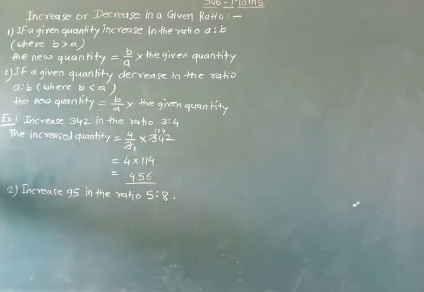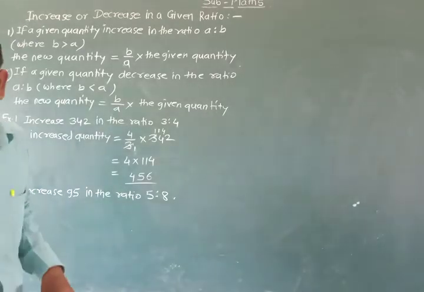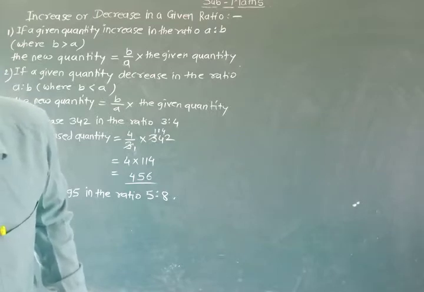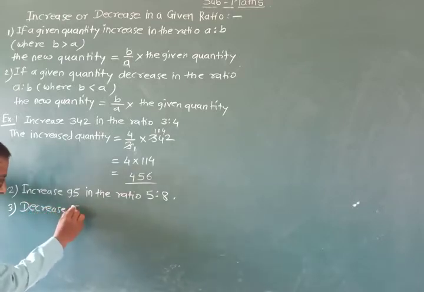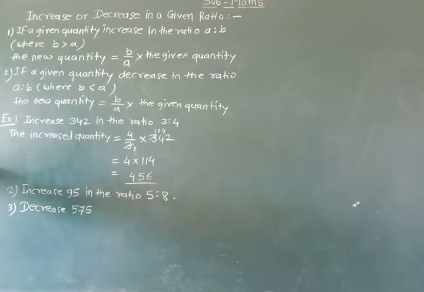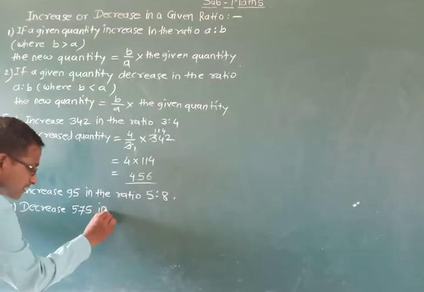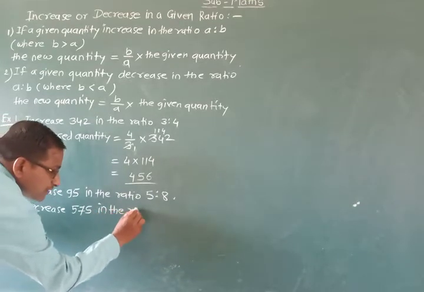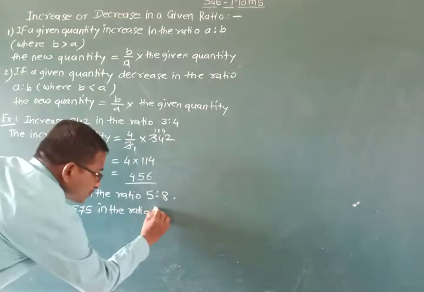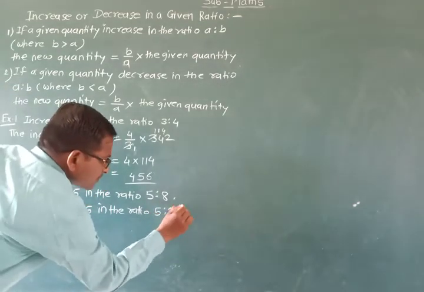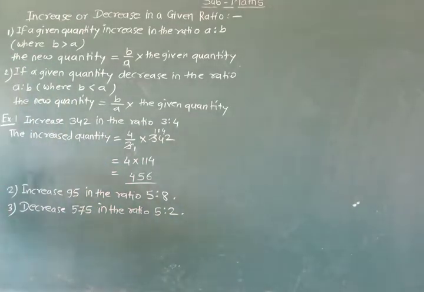So next example 3. Decrease 575 in the ratio 5:2. So again the same process.